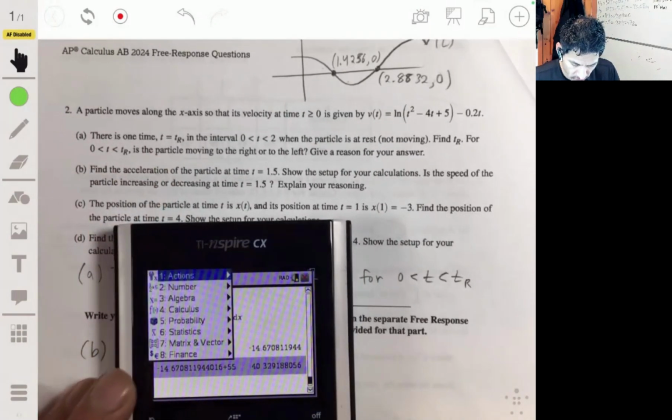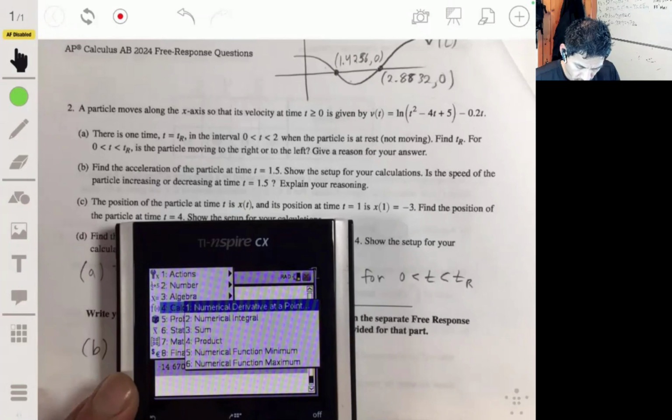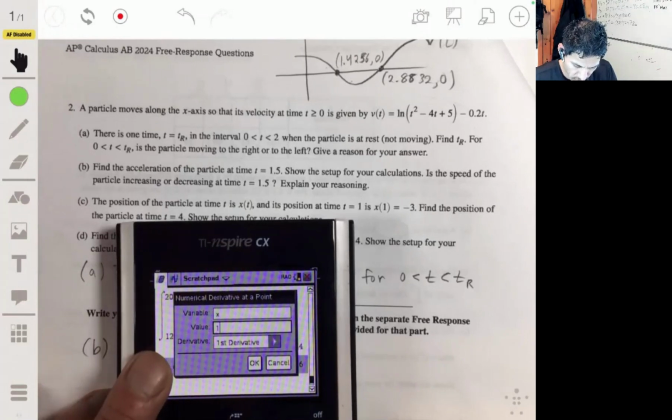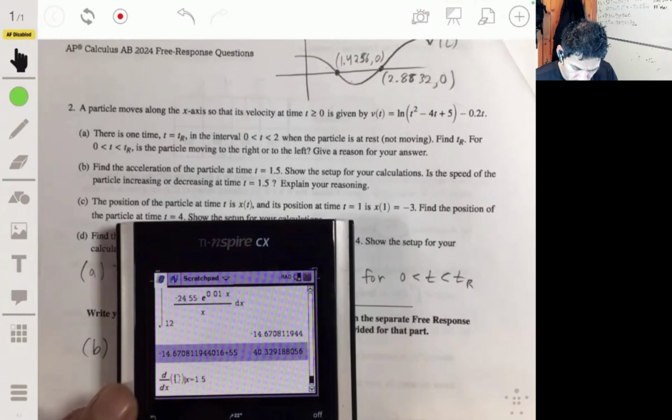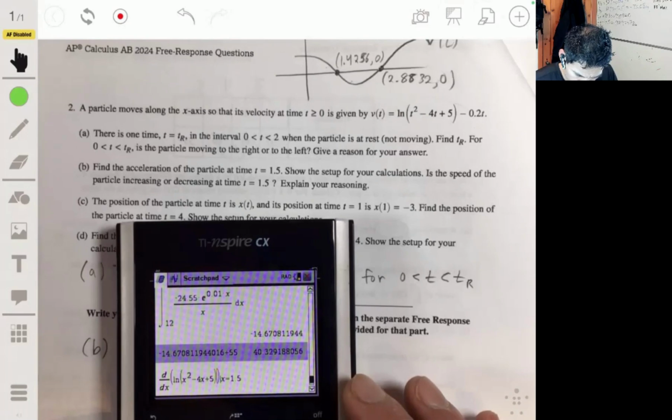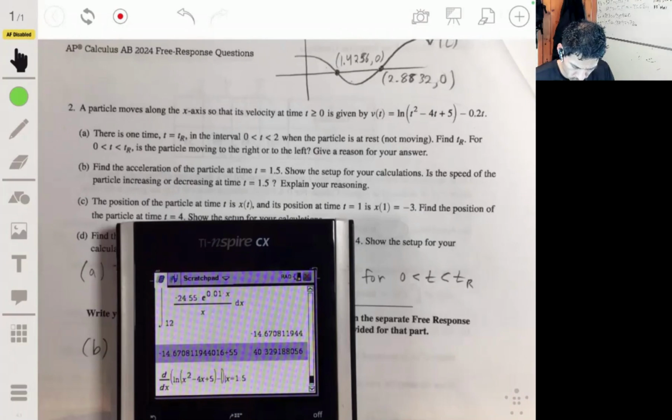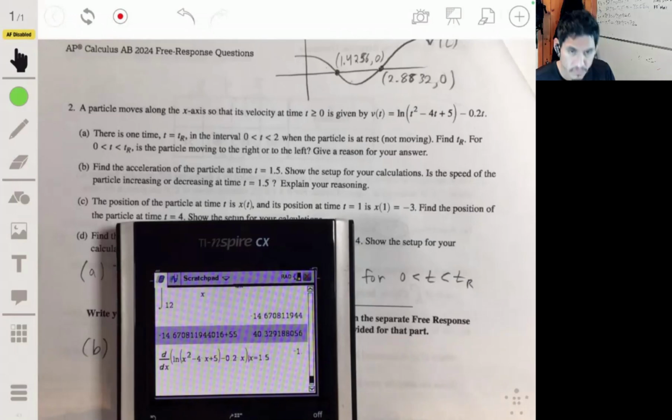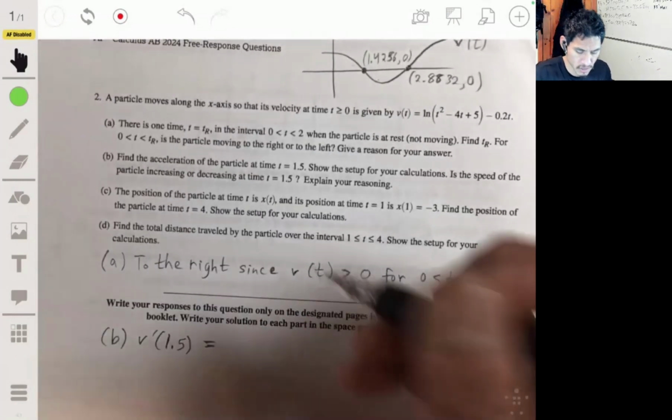Let's go to our calculator, numerical derivative at a point. Wow, it's -1 exactly. Who would have thought?